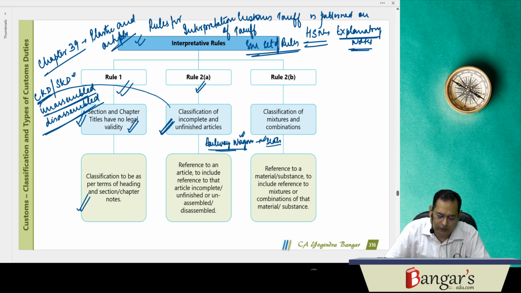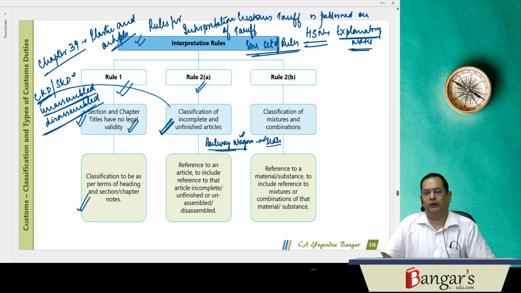It will be classified as a complete or finished article, even if it is not as parts but as a complete or finished article.